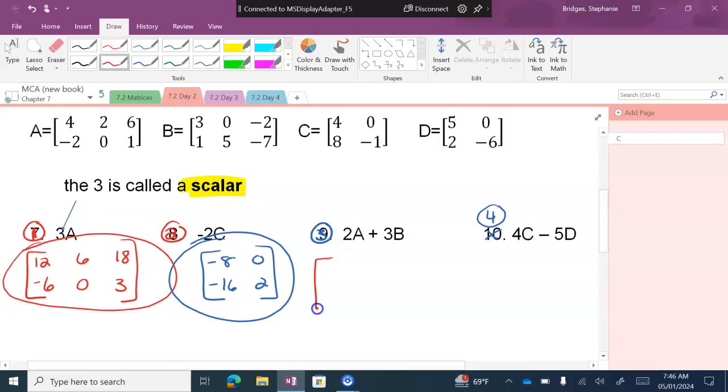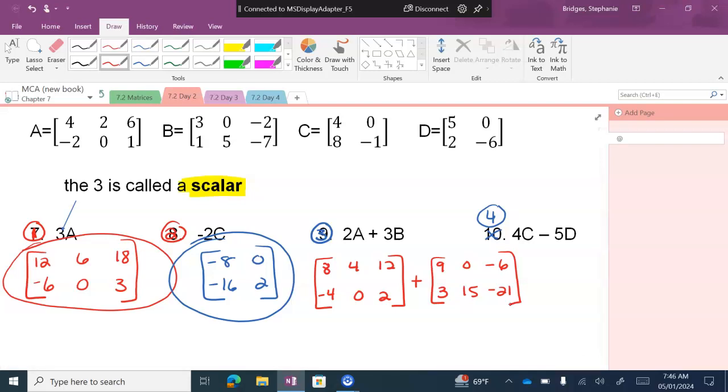So I'm going to start by multiplying A by 2. And then I'm going to multiply B by 3. And then can I add them together from there? Are they the same size? Yeah.